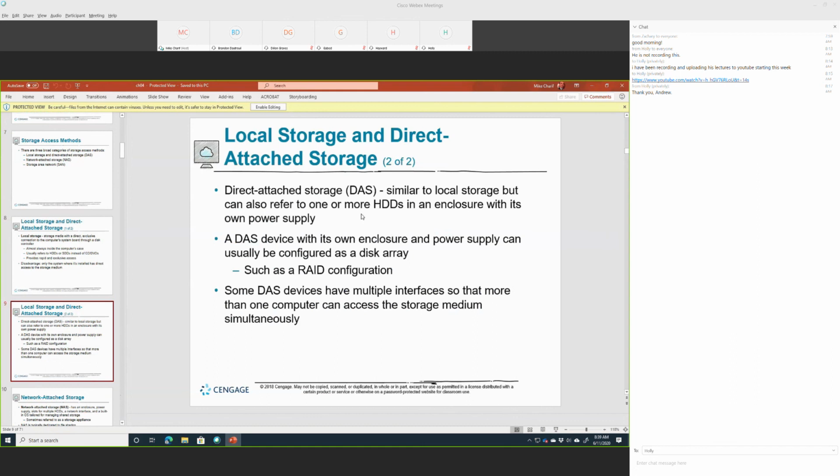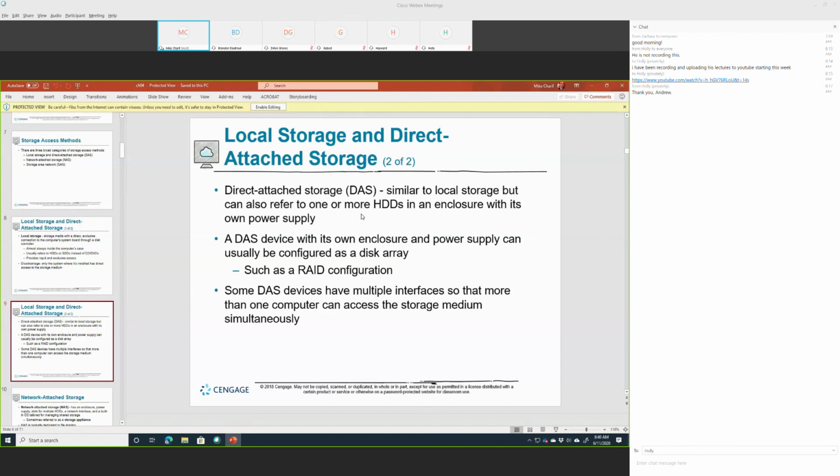Direct attached storage, which is similar to local storage, but can also refer to one or more HDDs in an enclosure with its own power supply. Yeah, you can use an external drive. A long time ago, we used to have a lot of them, and it has its own power supply. It's like a heavy one. You put it next to the machine, you plug it in through a USB or so, and now they start designing them without the power supply because they get the power from the USB.